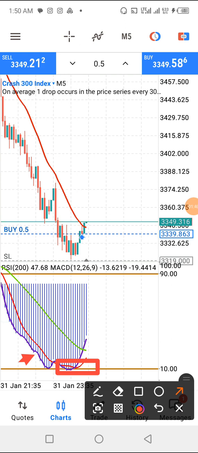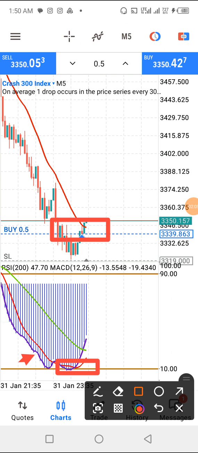Then when it's crossing in window 1, in the main chart, we want to see price crossing above or price closing above the red line there. So immediately we get it, we open for buy. This is condition 2.